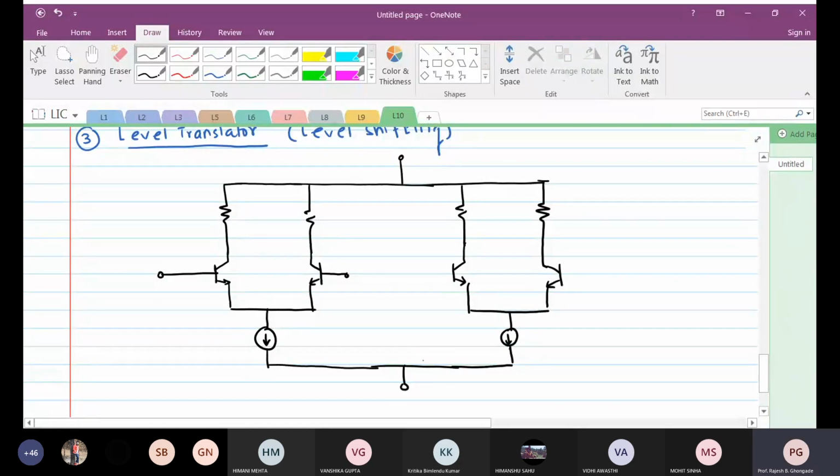This is going to be plus VCC, this is going to be minus VEE.